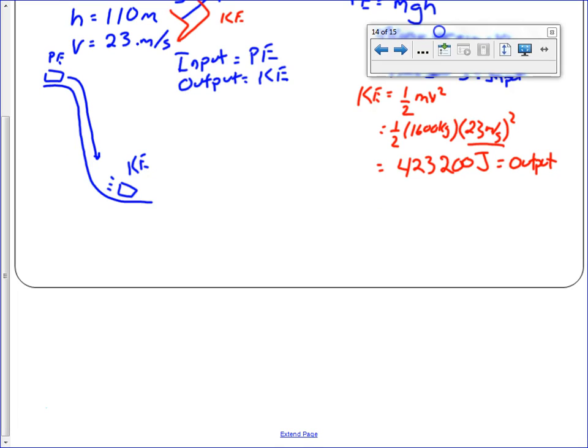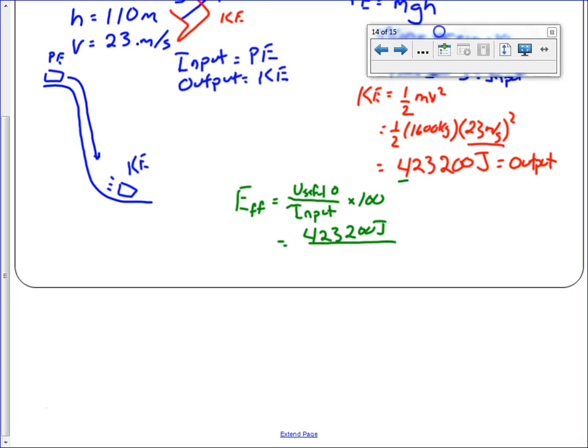Now we're going to take these and plug them into our efficiency equation. So we do the useful output over total input times 100. Now we just plug in our numbers and solve. We know our useful output was 423,200 joules.